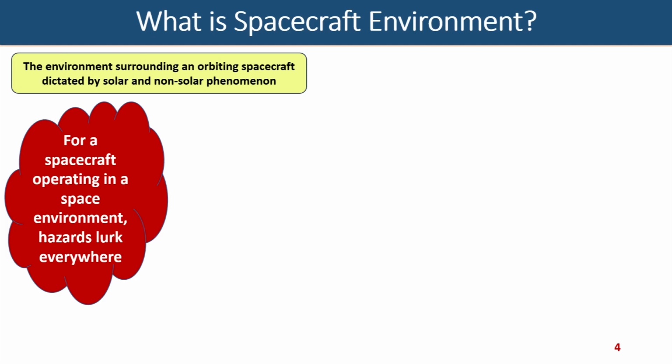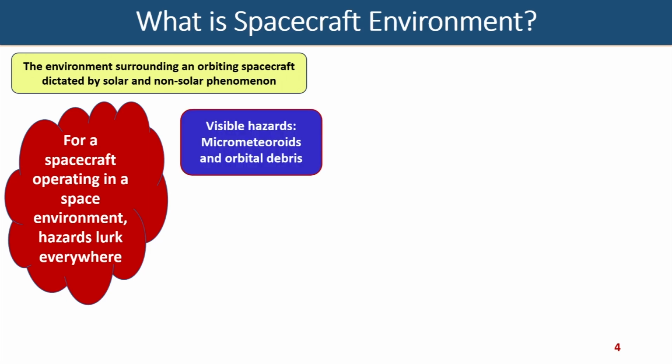So, why is it important to study and know about the space environment? Because when you induct a spacecraft into an orbit and it is operating there, it faces many types of hazards. There are visible hazards like micrometeoroids and orbital debris.